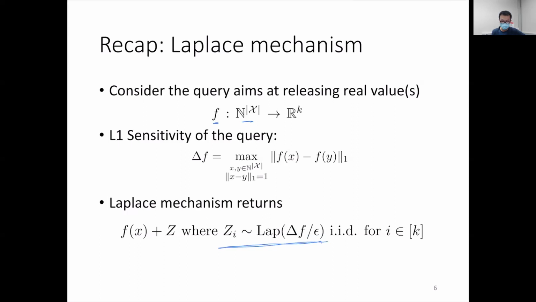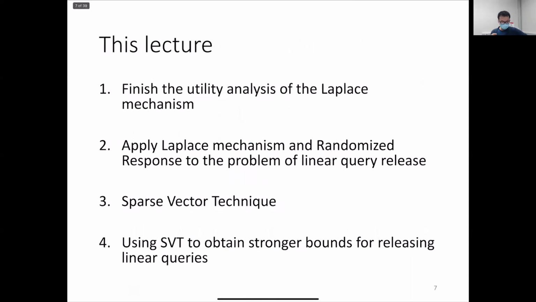Notice that you're adding independent noise to every coordinate of this query. So the energy of this noise vector that you add actually scales with the square root of k, the dimensionality. That was a recap of the last lecture.